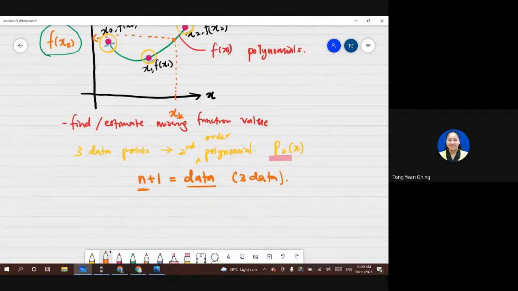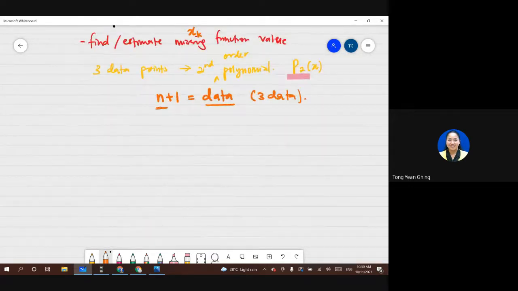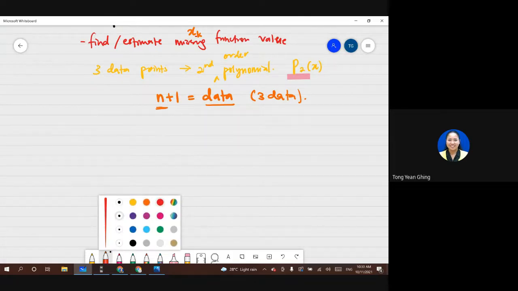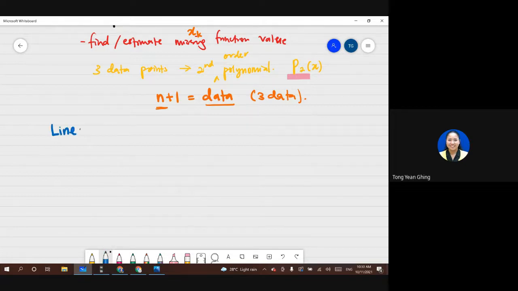So let's go to the linear case first. Let's say we have a linear line. We do a linear approximation, finding the interpolation with a linear polynomial.